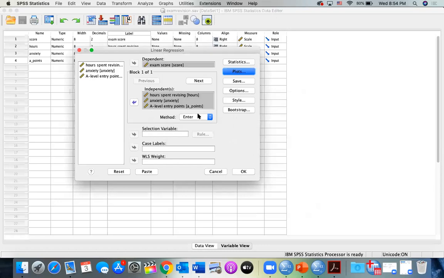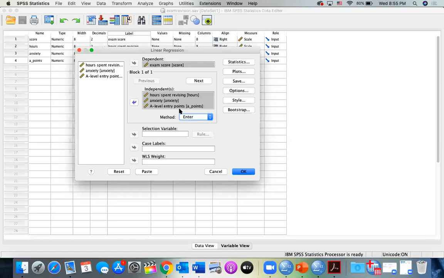We will not play with the method. So method is basically, we have so many options here. Enter is when you want to add all of your variables into the model without removing any of them, or without asking SPSS which predictors are the best fitting in my model.